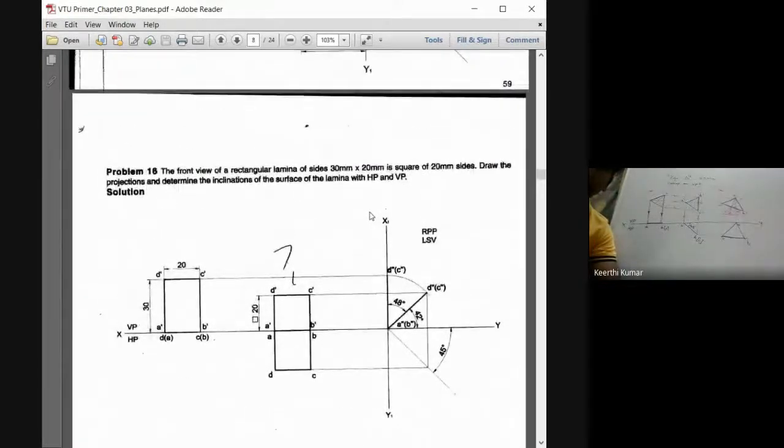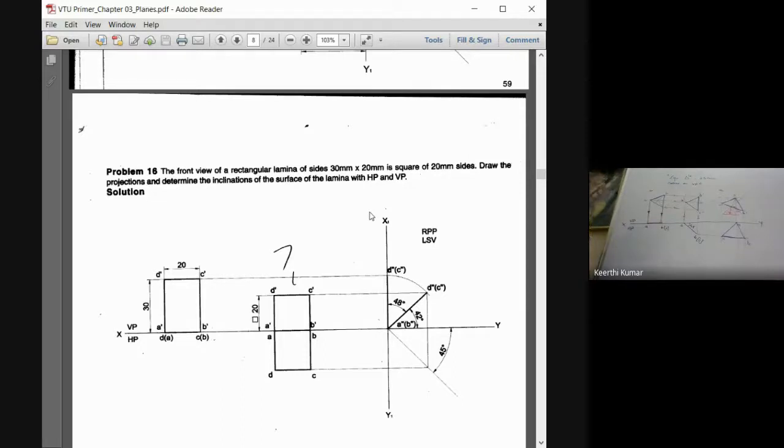Okay, this one we'll do now. Problem number 16. The front view of a rectangular lamina of sides 30 into 20 mm is a square of 20 mm sides.